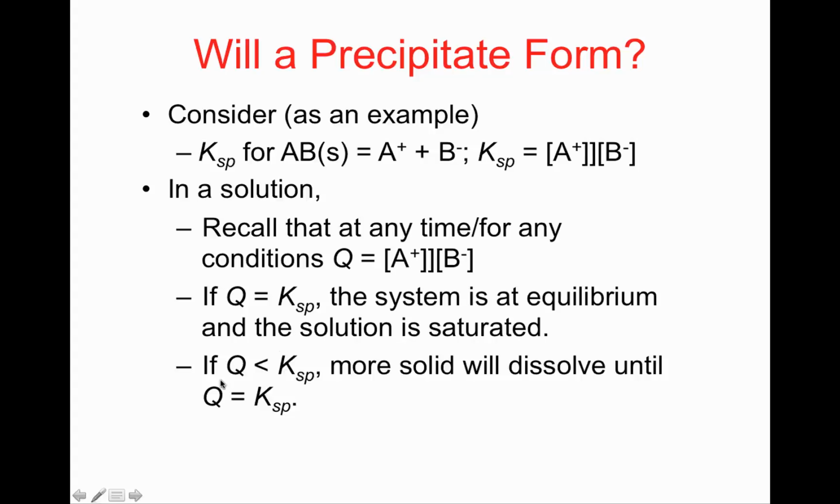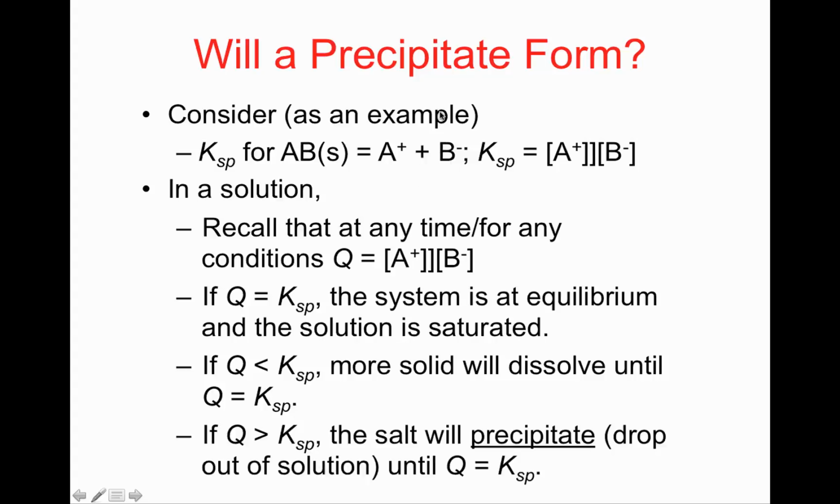If Q is less than K, that means to get to equilibrium, Q has to get bigger. How would Q get bigger? Well, these concentrations would have to increase. That means more material would dissociate, and if it were available, it would dissociate. I could put such a small amount of this material in solution that it will all dissolve, and there will be no precipitate left. So I won't have an equilibrium system in this sense because I don't have enough material. The carrying capacity of the solution is high enough that these ions will dissociate, and even more could dissociate.